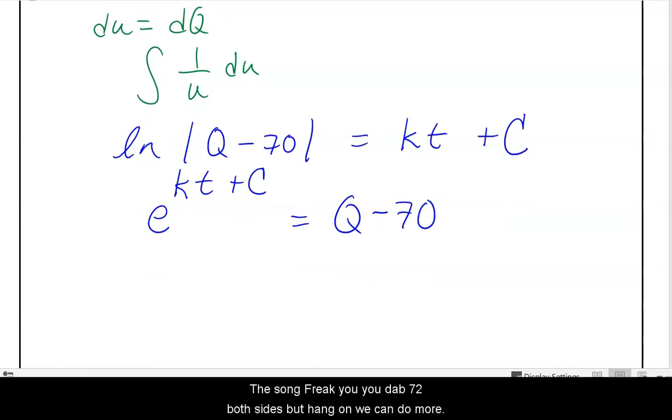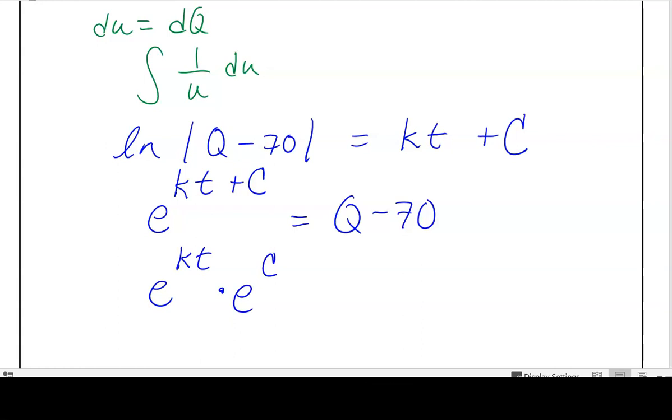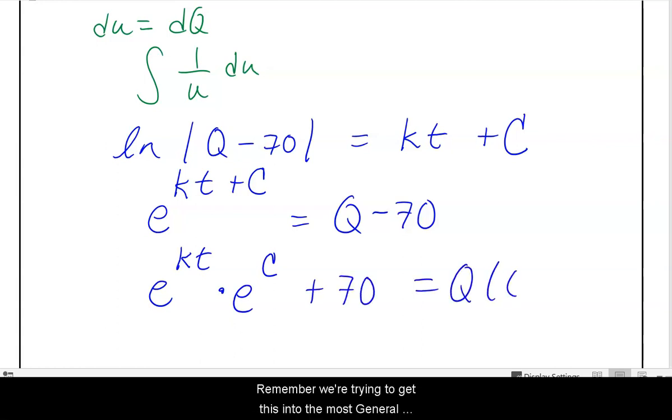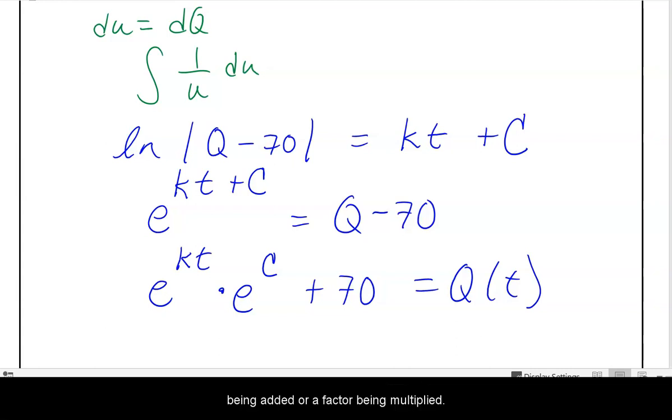But hang on, we can do more. We can write e to the kt plus c as e to the kt times e to the c. Now, why would I want to do that? Remember, we're trying to get this into the most general format we can, and it's simpler if the constant is either a term being added or a factor being multiplied. Not so handy when it is a term in the power on an exponential.